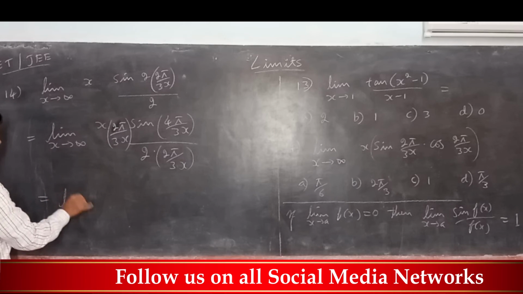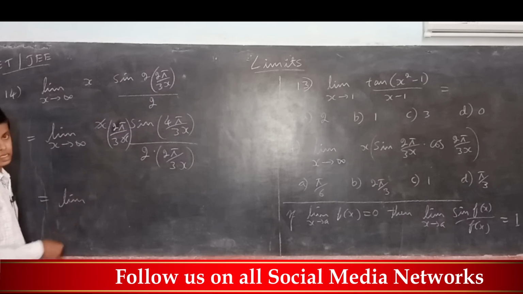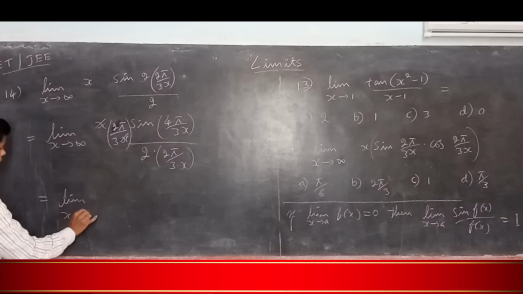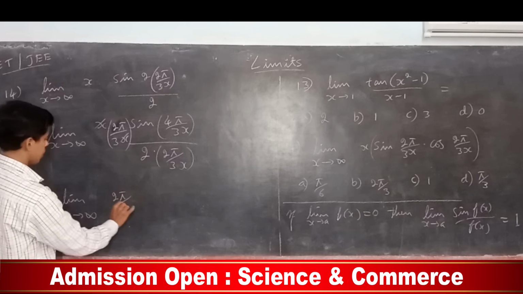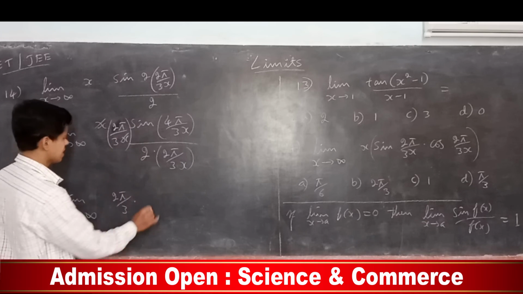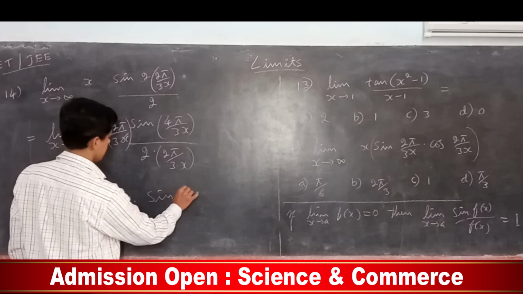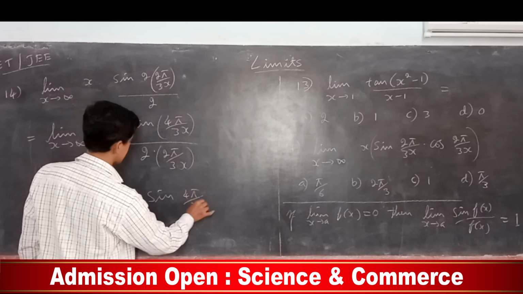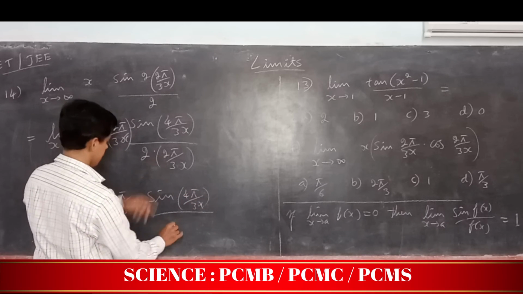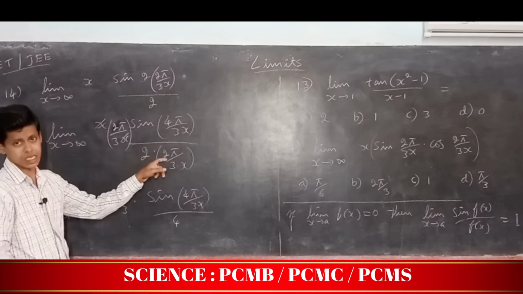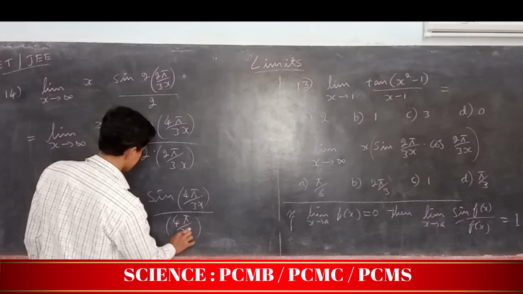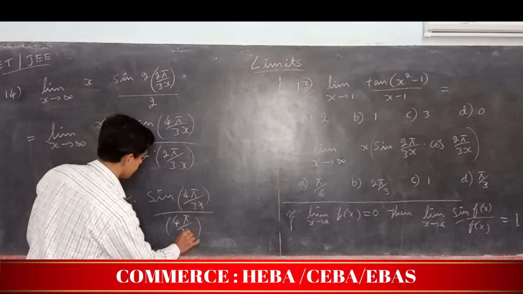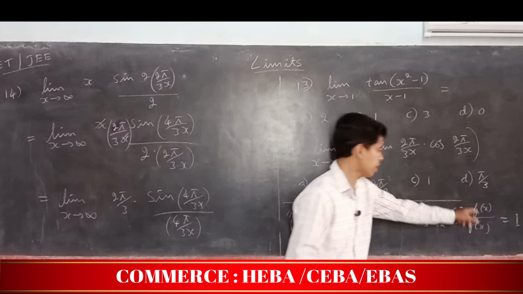So next, say I can cancel out this x. So limit x tends to infinity. What remains here is 2 pi by 3 and the sine 4 pi by 3x divided by, here also when I multiply this 2 I get 4 pi by 3x. Now did you get the form of sine f of x by f of x?